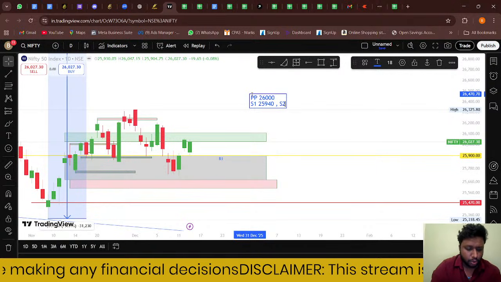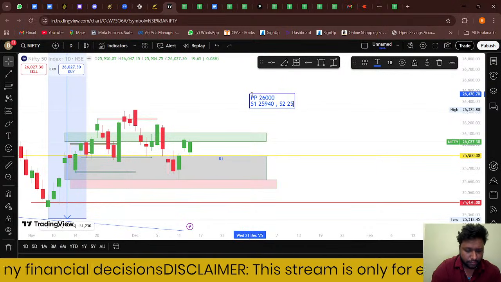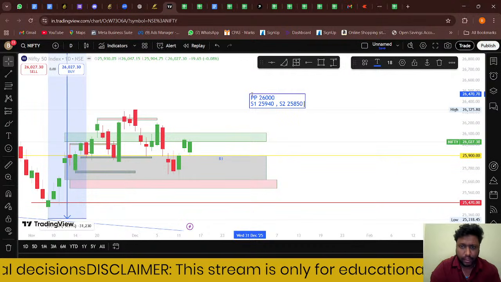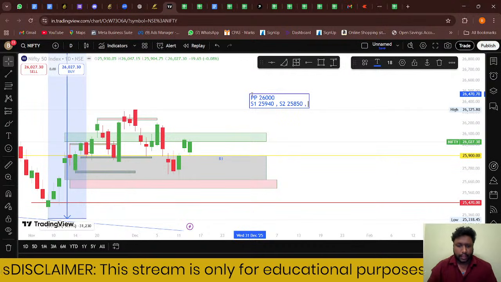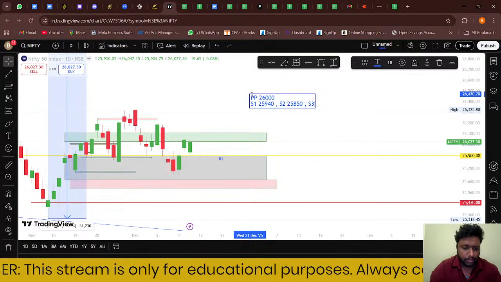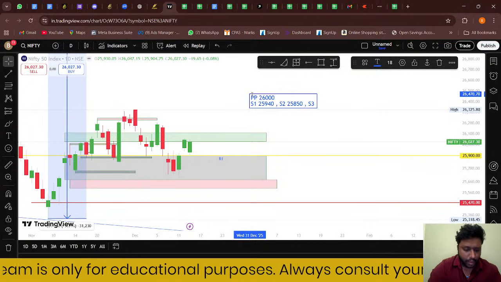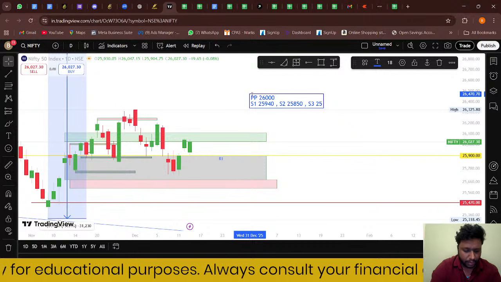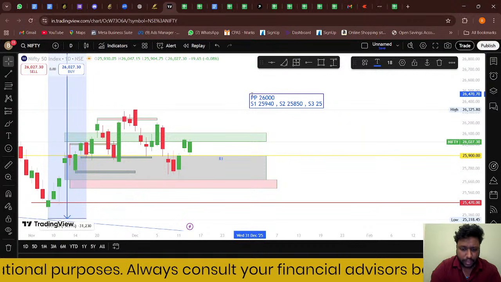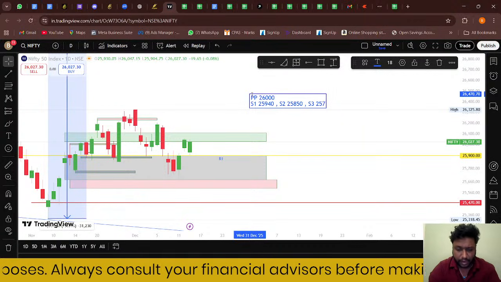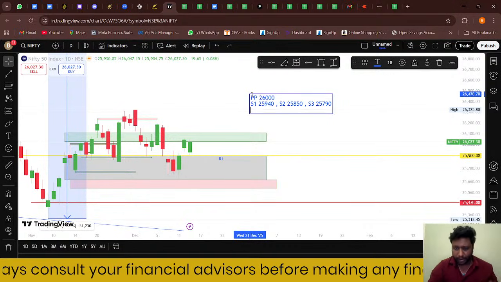And support 2 is at 25,850. We have a close range between the supports and resistance for the day. Support 3 is at 25,790, not 800. We will mark it at 790.